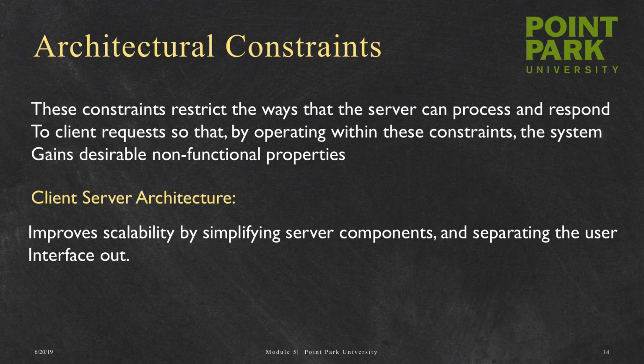So these constraints restrict the ways that the server can process and respond to the client. So these requests operate within the constraints of the system itself, based off of the client architecture. It improves scalability by simplifying server components and separating the user interface out.